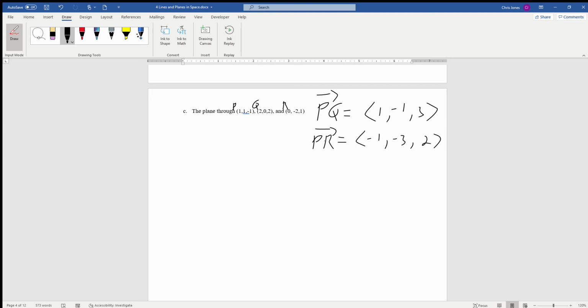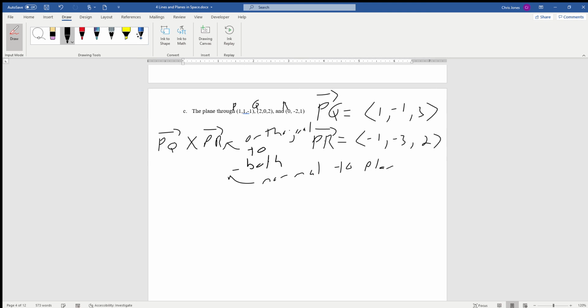And remember, that's our cross product. Okay, so what we could do is find PQ cross PR, and that's going to be orthogonal to both vectors, but then it's also going to be normal to the plane.